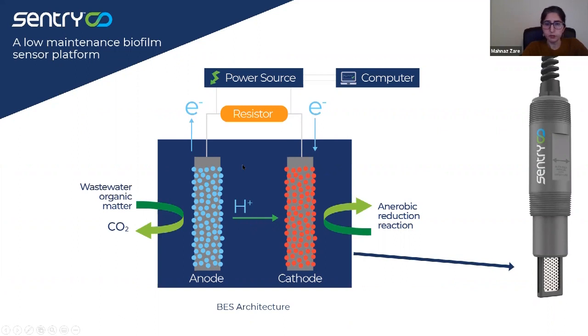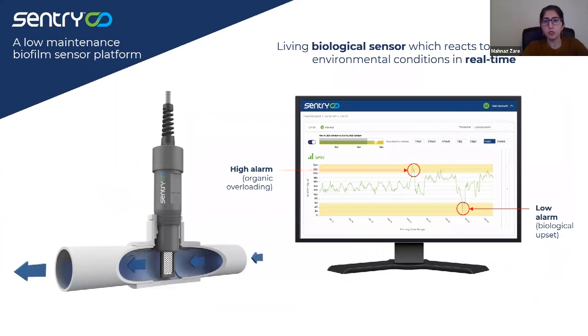The free electrons that are released as the biofilm metabolizes the organic load are counted as electricity. So, in other words, we are measuring the ability of the biology in the process to treat the wastewater. Or in simpler terms, it's like a heart rate monitor for the biology.